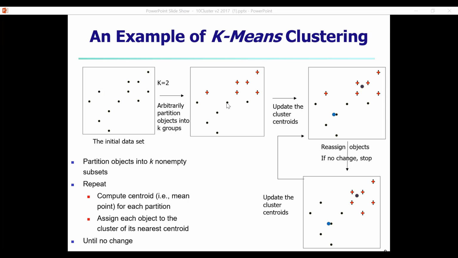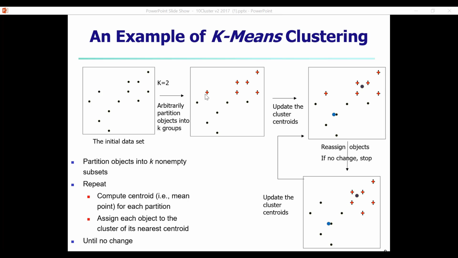So initially, let's say this may belong to group A, but after you calculate the centroid for B, this may be close to the centroid of group B. In that case, we reassign this one to group B.